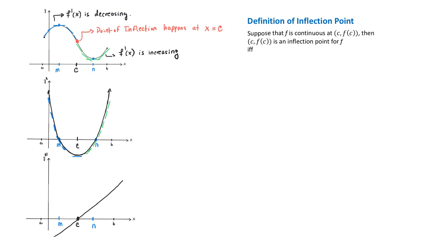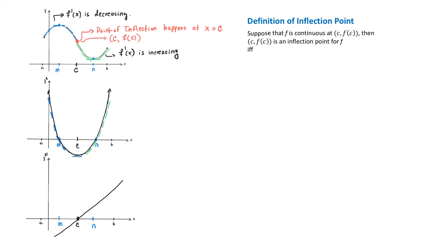Now let's go ahead and state the definition formally. I already got us started. Suppose that f is continuous at c, comma, f of c. This is the point of inflection. In other words, I am giving this point coordinates c, comma, f of c, the point of inflection. If f is continuous, continuity is important at the point of inflection. If f is continuous there, then c, comma, f of c is an inflection point for f.